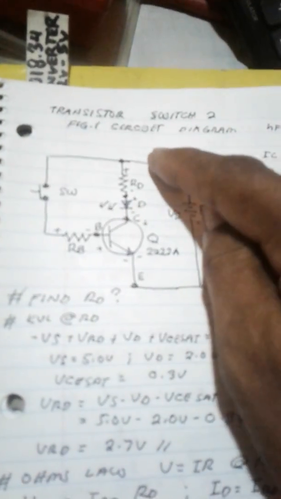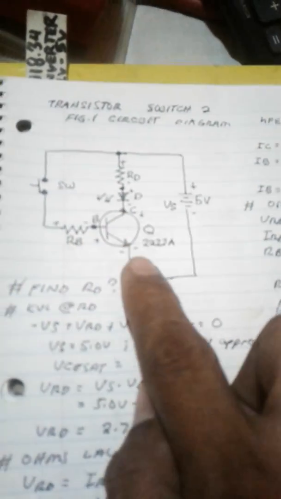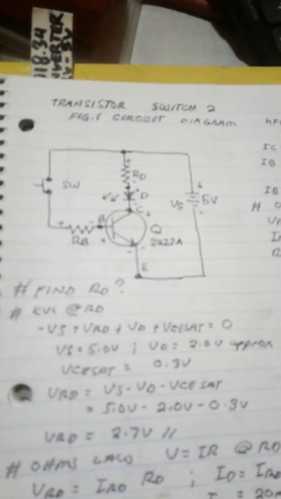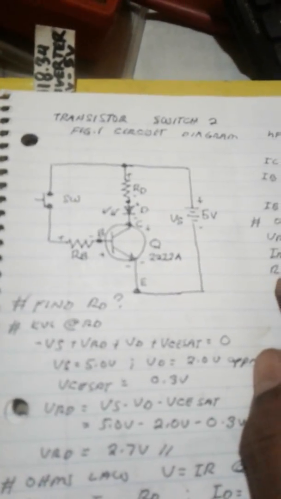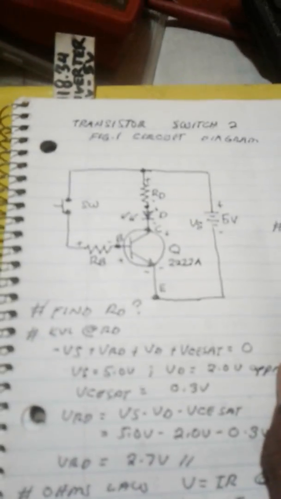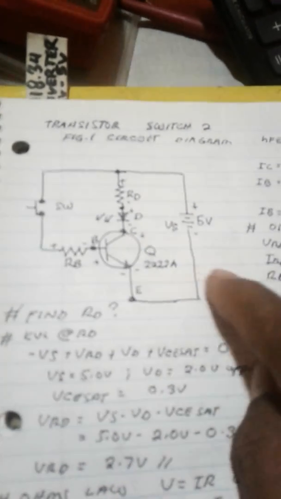Last time the LED was in series with the supply. Now it's on the collector side of the transistor. Let us check if we can calculate the value of the resistors and if it works.